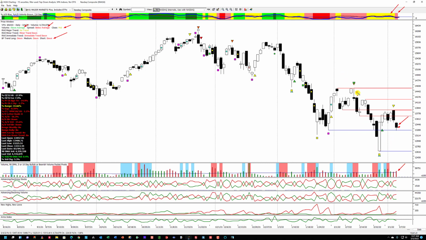Now, as I send that snapshot out every morning, and I have been saying that the short-term trend was up, but the longer-term trend was still down, and now the short-term trend is down because the NASDAQ closed here.